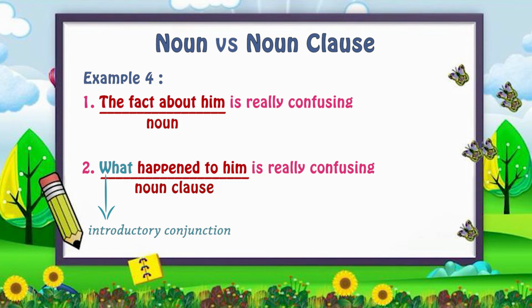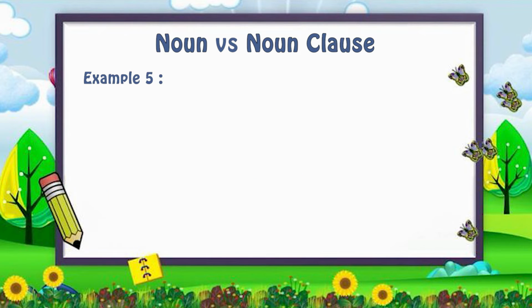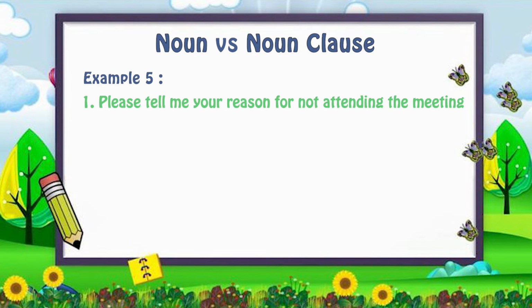Now let's see the next example, number 5. Please tell me your reason for not attending the meeting. Pay attention to the underlined words, your reason for not attending the meeting. Your reason is the noun. What if we would like to replace the noun with a noun clause?